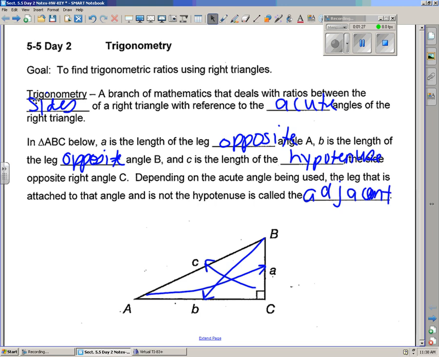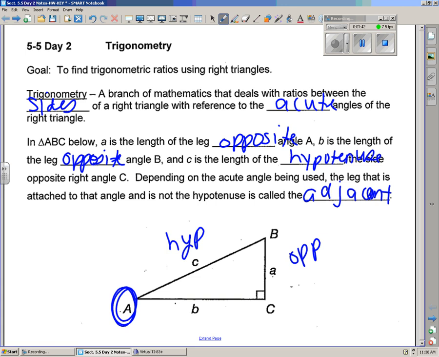If we take a look at this particular acute angle A, this is the hypotenuse, little c. Little a is the leg opposite angle A, but little b is the adjacent leg because it's attached to A.